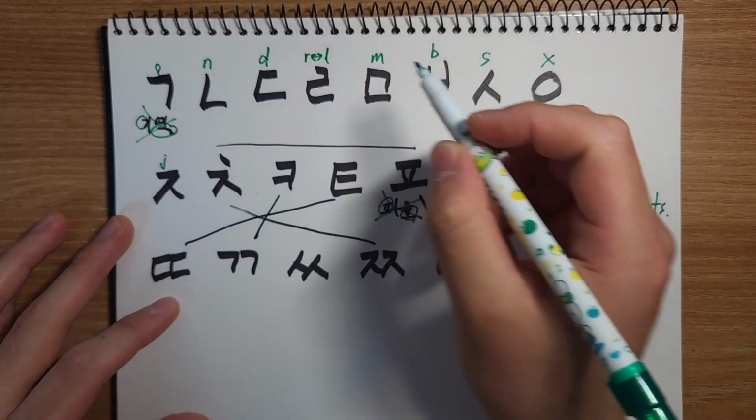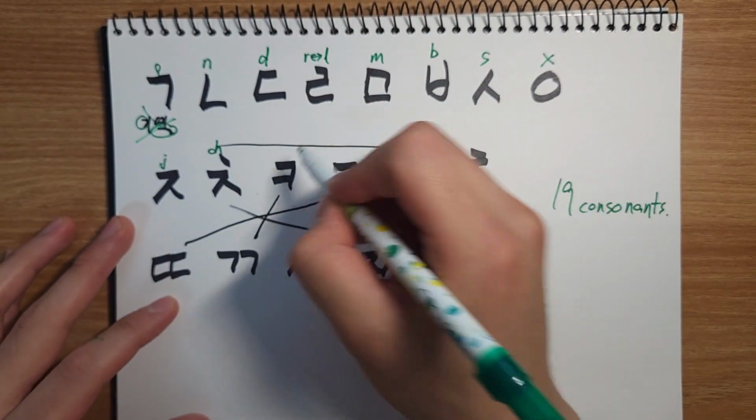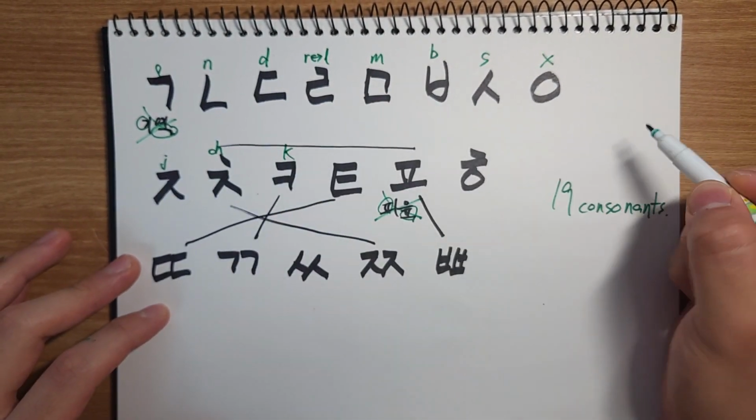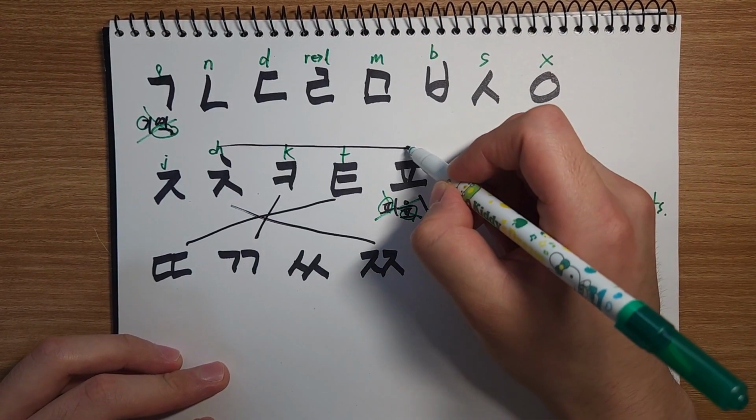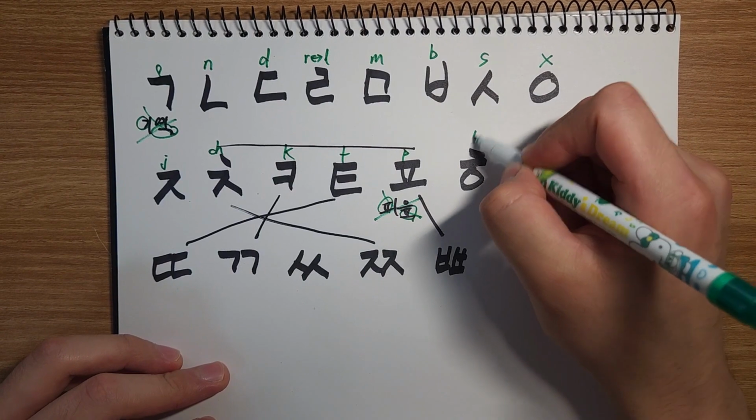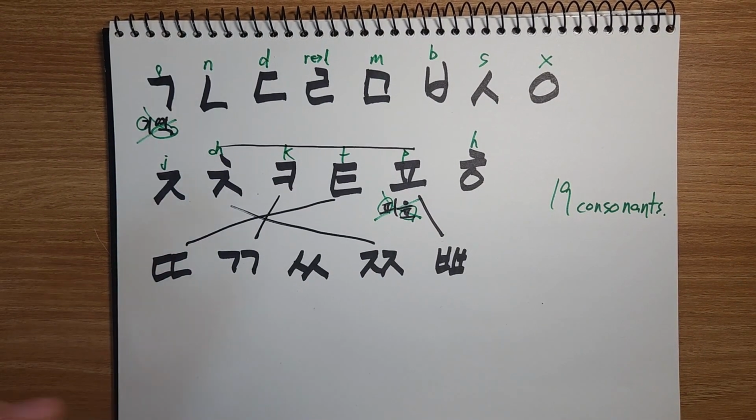And Jiut has a J sound, Chiut has a CH sound, Kiok has a K sound, Tigut has a T sound, Hyup has a P sound, and Hyut has an H sound. Like this.